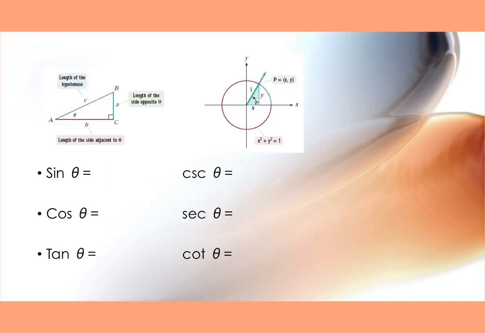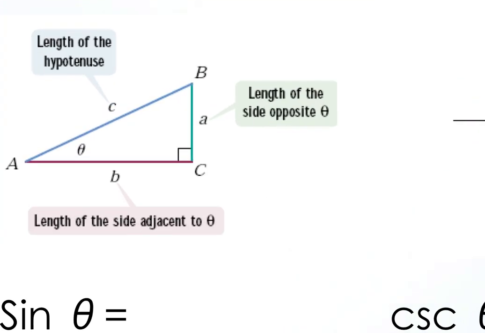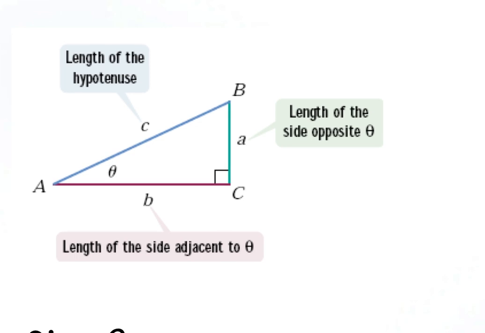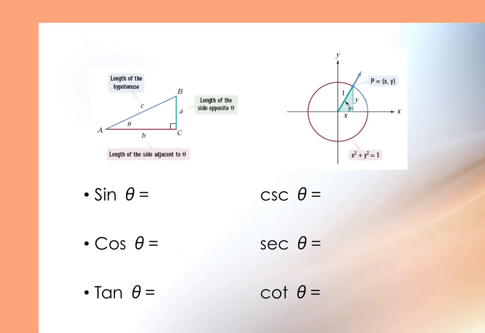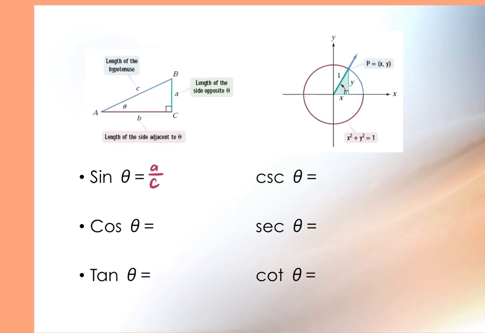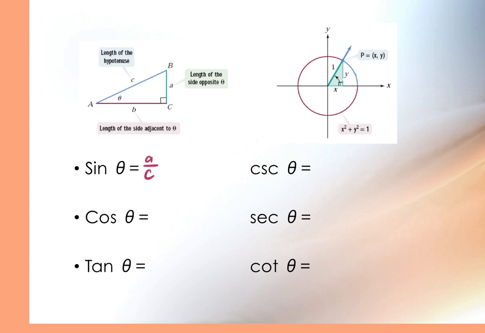All right, so if I'm looking at a triangle on the left, before you even get to the one on the right, this is a right triangle. If I wanted to find the ratios of theta, I could say the sine of theta is opposite, which is A, over hypotenuse, which is C. I could say the cosine is the adjacent to theta, which is B, over the hypotenuse, which is C. And I could say the tangent is opposite over adjacent, which is A over B. And then the reciprocal functions are literally the reciprocals of those.